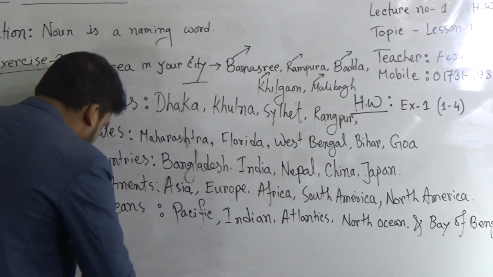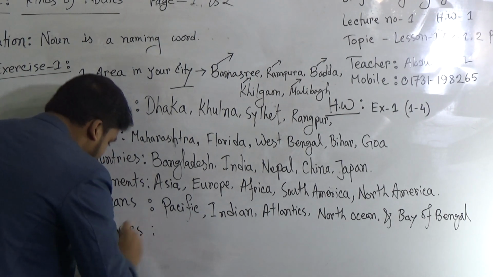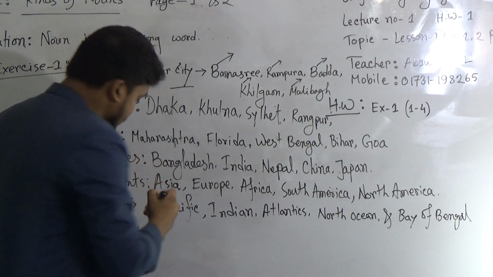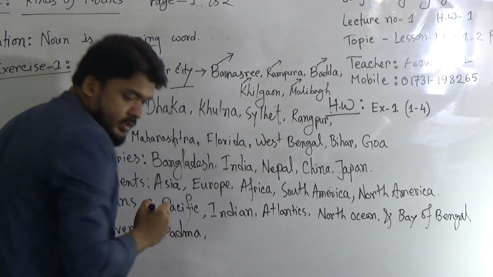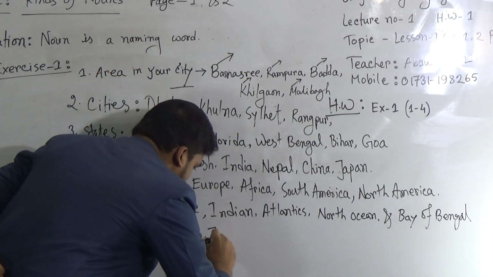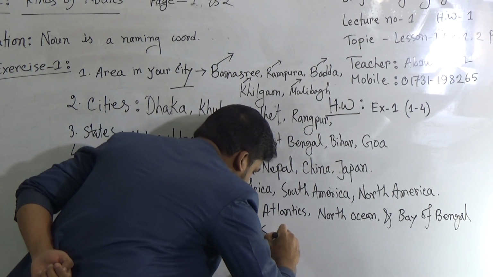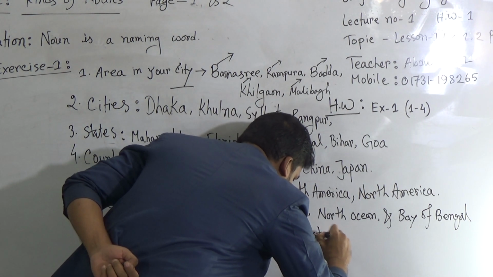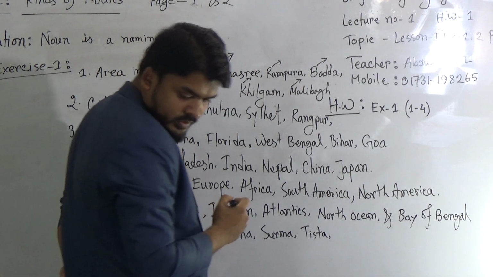Okay, then 7, rivers. Padma and Jamuna, Surma, Tista, and Meghna.